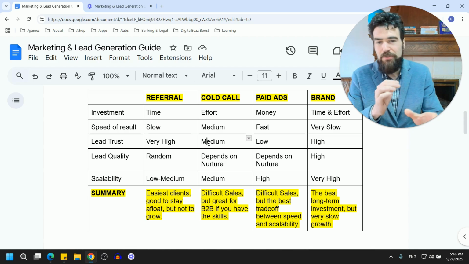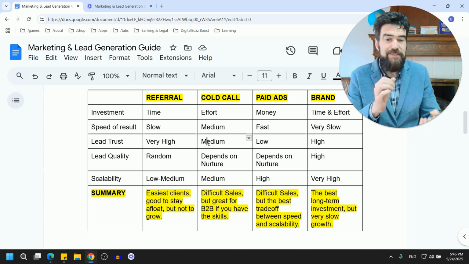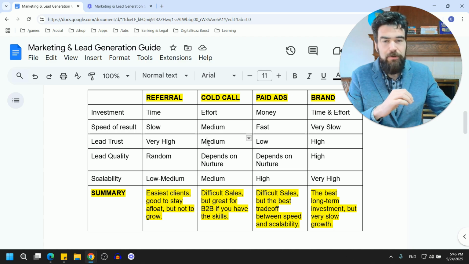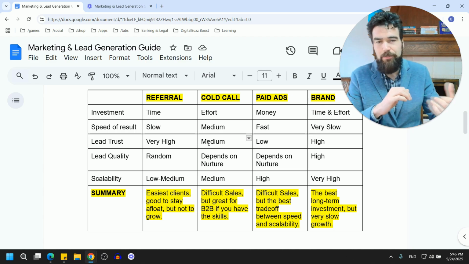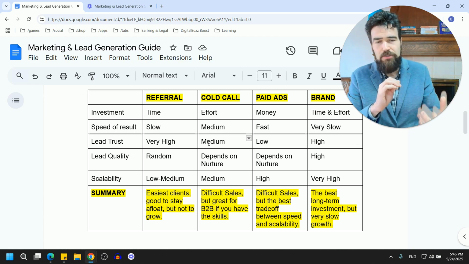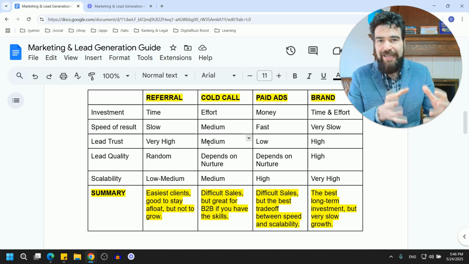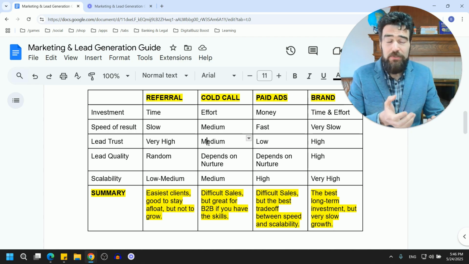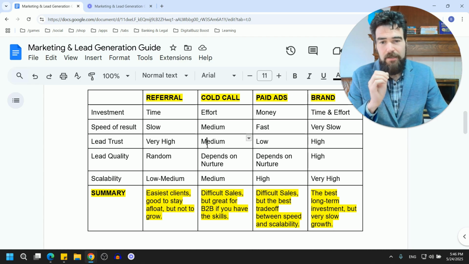But the reality of the situation is the actual calling and the actual outreach, the trust is super low because it's a random door you're knocking, it's a random person you're calling, it's a random person you're emailing. So on the initial outreach, the trust is very low, but once you had this nurture, once you had this conversation, the trust usually tends to be a medium level, which can result in a pretty good sale.